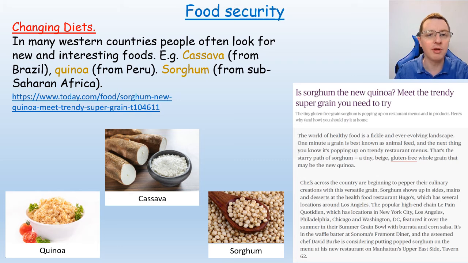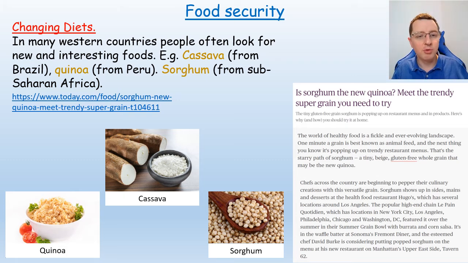Another factor that affects food security in many nations is the changing diets in the West. In Western countries, people often look for new and interesting foods. These may be foods that they wish to use to show how culturally aware they are, or perhaps to reduce their intake of meat or fish.